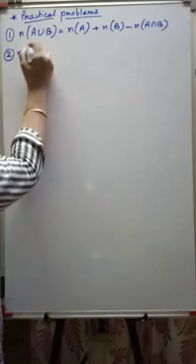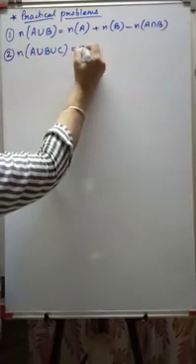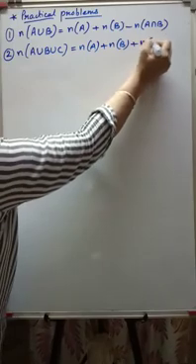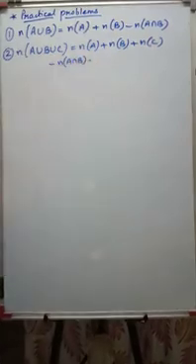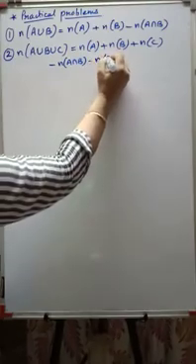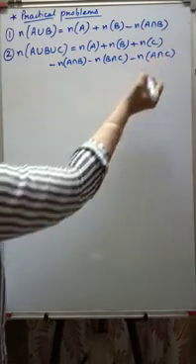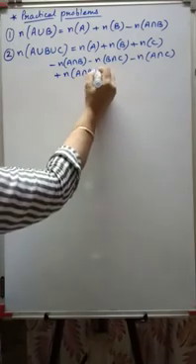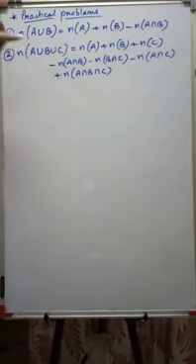For three objects, the formula is n of A union B union C is equal to n of A plus n of B plus n of C minus n of A intersection B minus n of B intersection C minus n of A intersection C, or C intersection A, it's fine, plus n of A intersection B intersection C. So this is a very big formula, and this is a small formula.